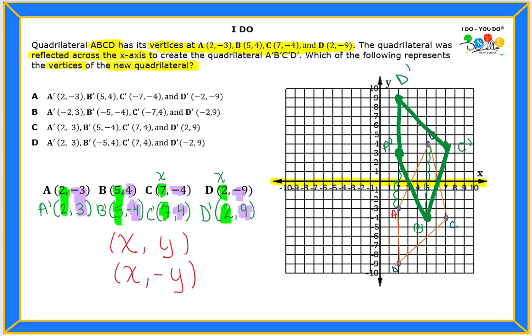It didn't just become negative, it actually was multiplied by a negative. Remember, when there's no number as a coefficient, it's a -1, okay? So let's look at the answer choices for this. What's the one that matches that? Okay, yes, the one that matches this is my answer choice C.